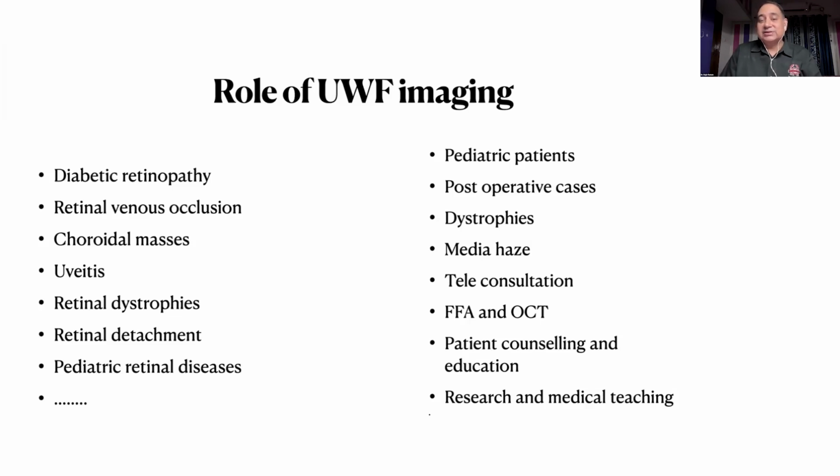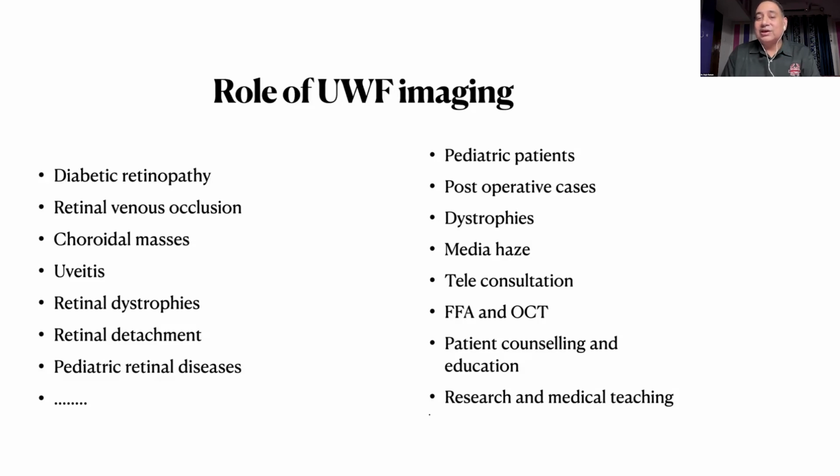In retinal dystrophies, it definitely helps because we can visualize the peripheral retina. Even in the presence of media haze, where you are not able to visualize the entire retina, by doing ultra-wide field imaging, we can get a reasonably good quality image. It's been used for teleconsultations, and the Joslin Vision Network in Boston has been using it for tele-screening for diabetic retinopathy.